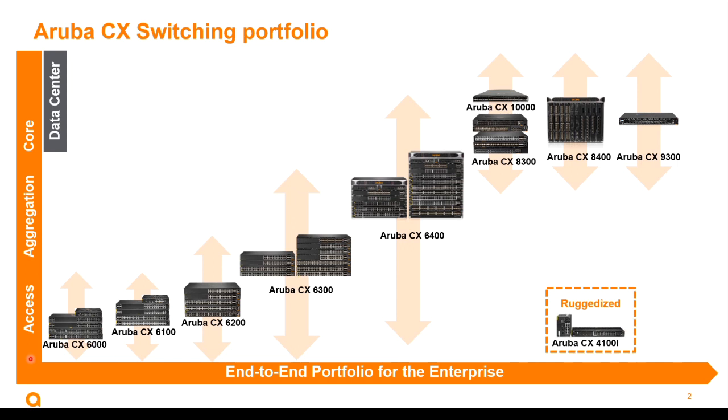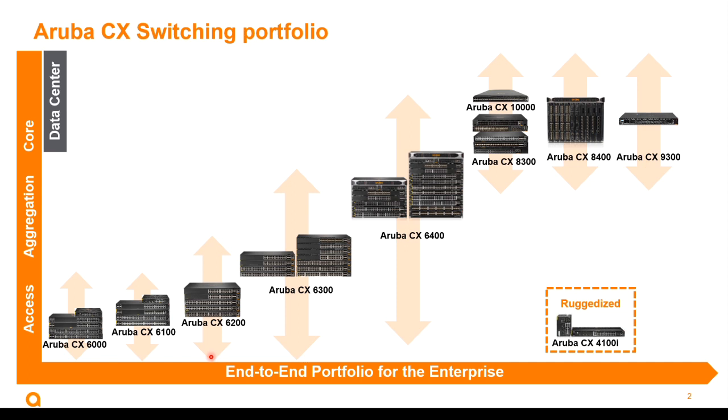So let's start off with a quick introduction to the portfolio and positioning of where our 6400 sits. We start off on the far left with our access switches, which is our 6000 and 6100 switches. Then we have our 6200 switches, which include virtual switching framework.